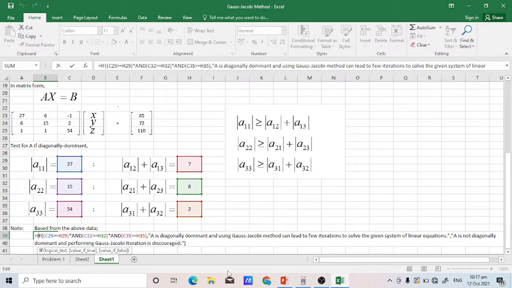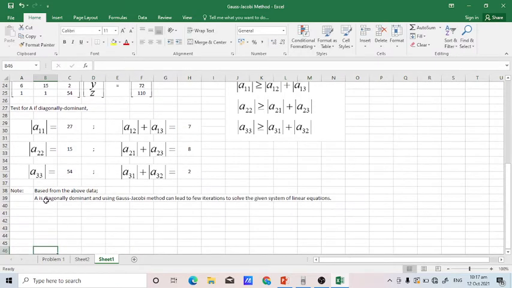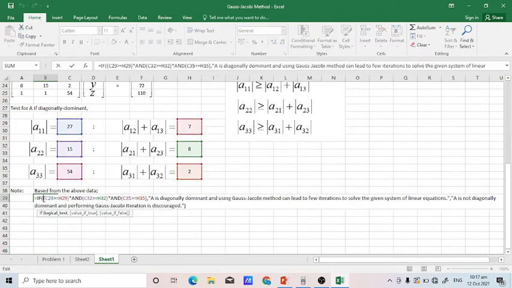So, actually, paano natin gagawin to? Program natin, no? Na kung saan masasabi natin kung A is diagonally dominant or A is not diagonally dominant, and performing Gauss-Jacobi iteration is discouraged. So, meron kasi ditong if statement, no? If statement.